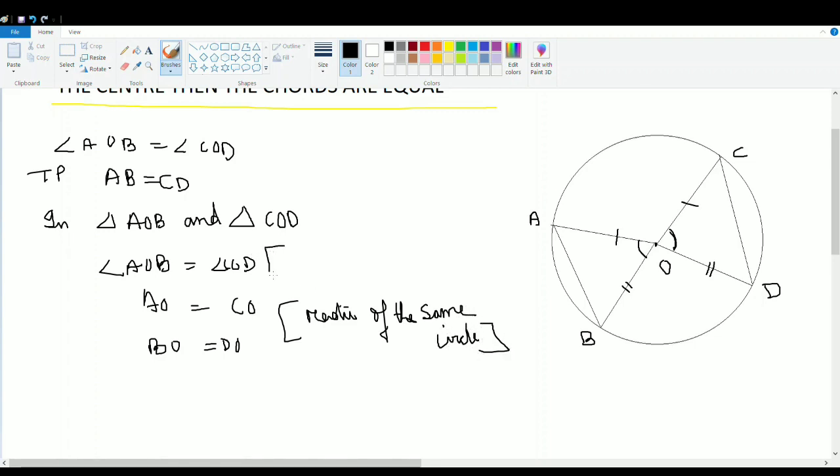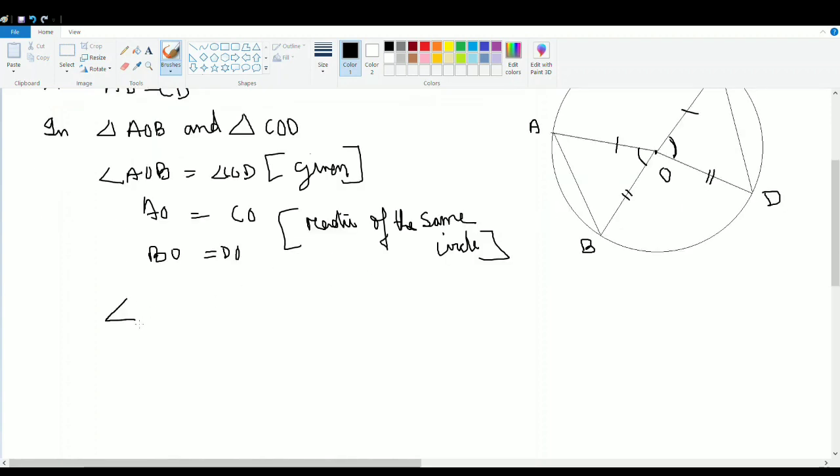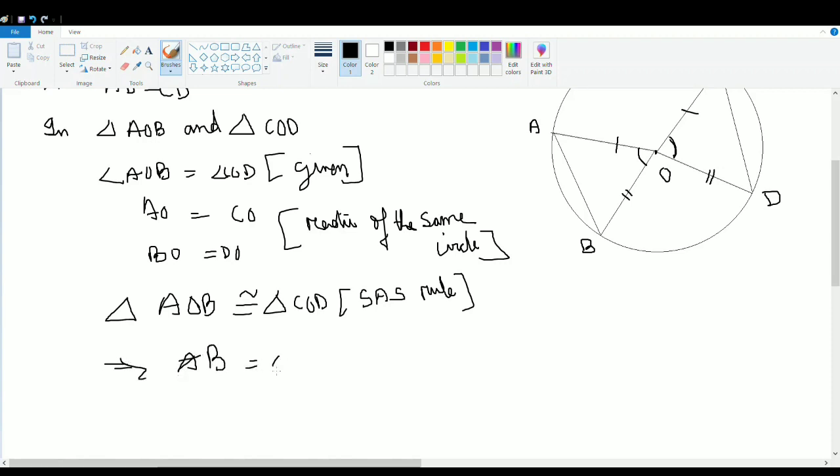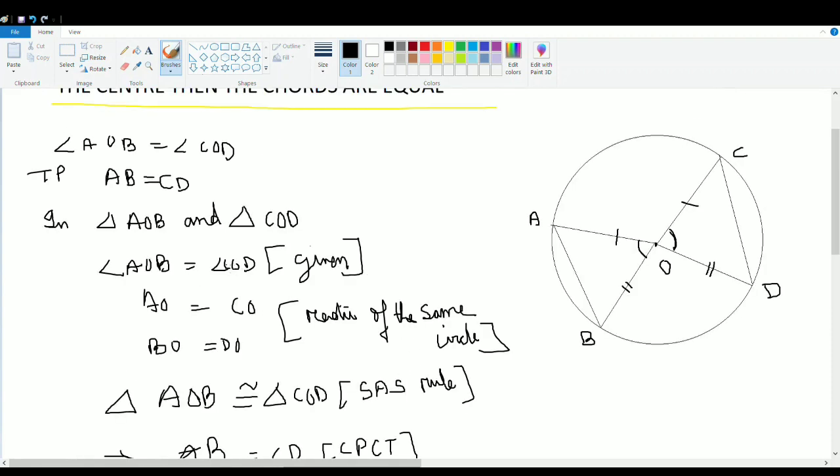This is given. Now we can conclude that triangle AOB is congruent to triangle COD by the side angle side rule, right? So this implies that AB is equal to CD from corresponding parts of congruent triangles. Done? Clear? I hope this is clear to everyone.